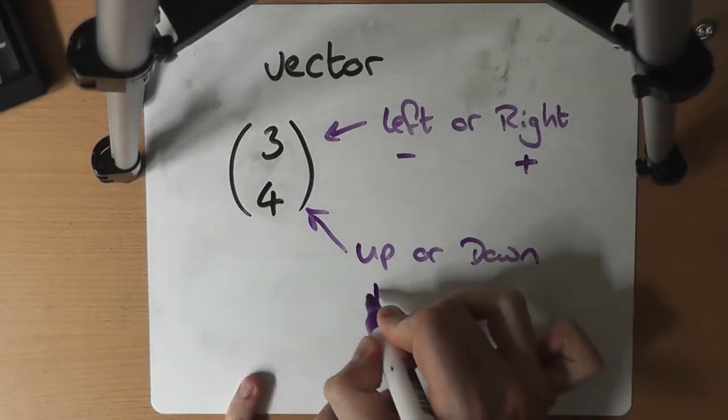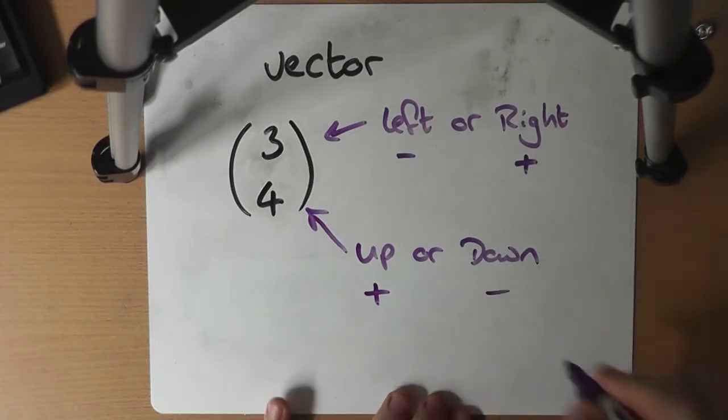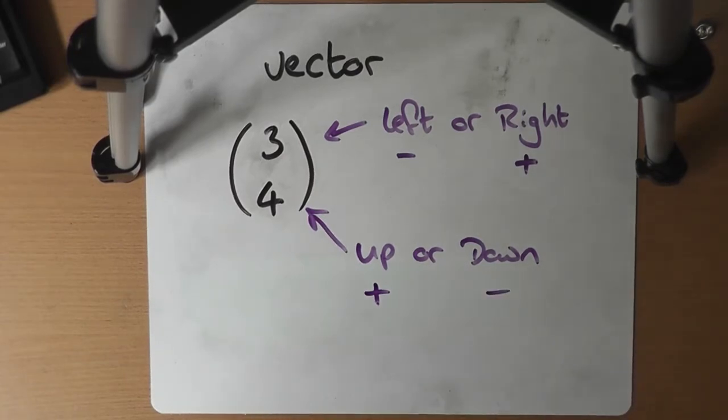So if we are moving up, we have a positive number. If we want to move down, the negative numbers are on the bottom half of the y-axis, so we are looking at a negative number for down. That's how we tell. Positive would be right or up. Negative would be left or down, depending on which of the two vector numbers we're looking at, the top one or the bottom one.